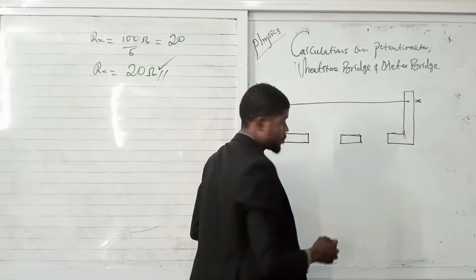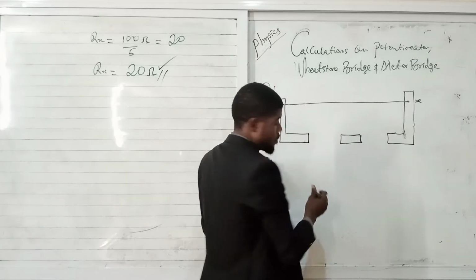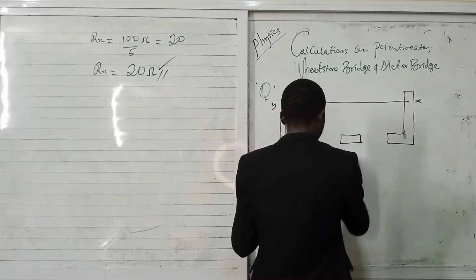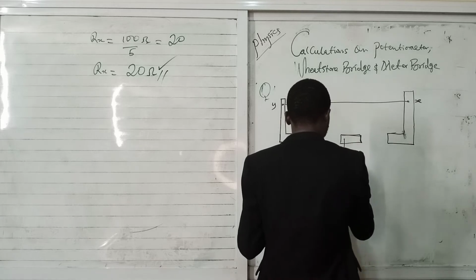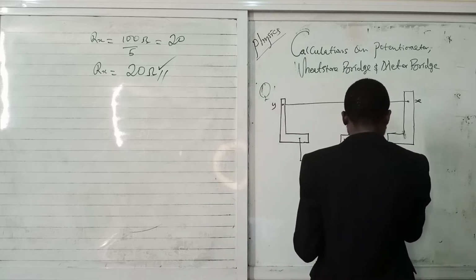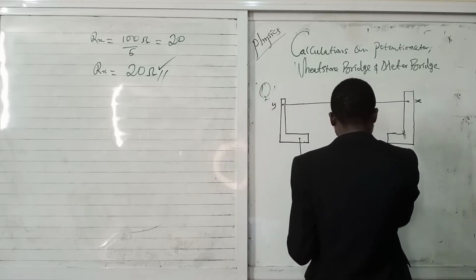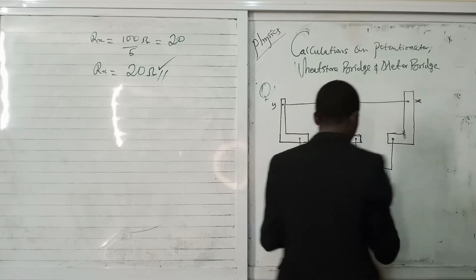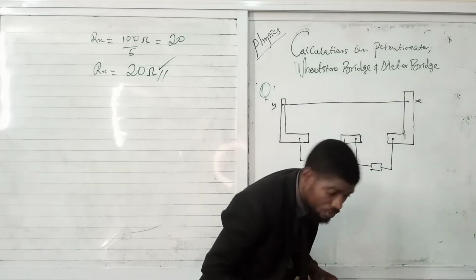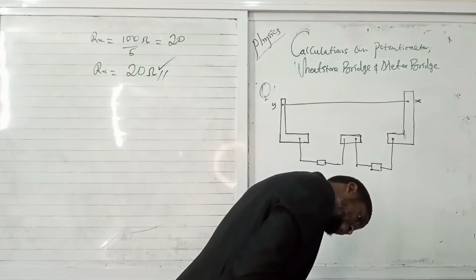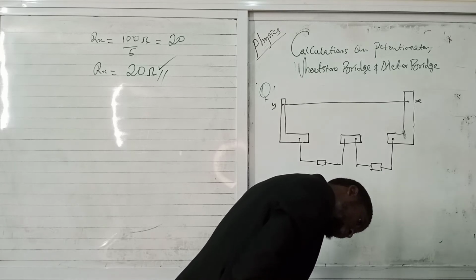So we have a resistor connected here, another resistor connected here. This is the meter bridge, another resistor connected here, and this resistor, which is upside down, is 10 ohm.